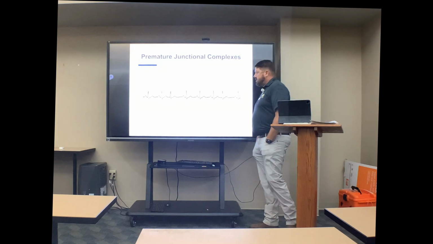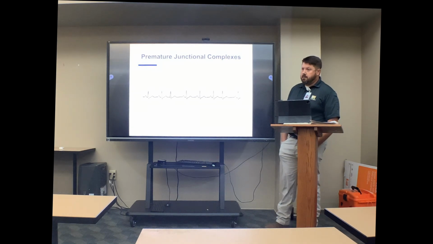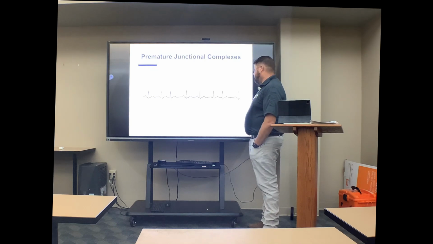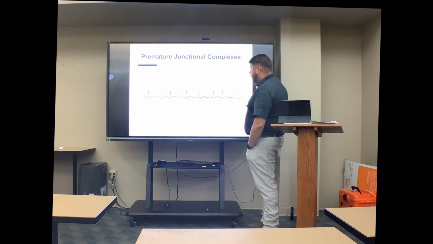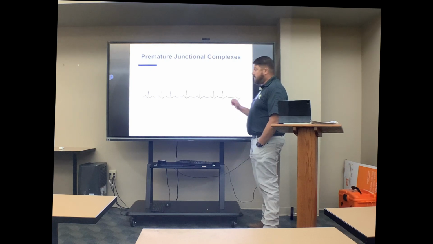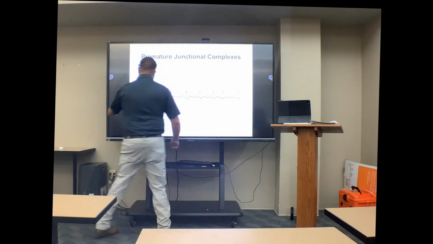So where's your PJC in this? Third one. So what's your underlying rhythm? Sinus. It's a sinus rhythm with PJCs. Now, if we had a little bit more, we might actually identify it as a sinus rhythm with quadrigeminy PJCs, but I don't have enough here.